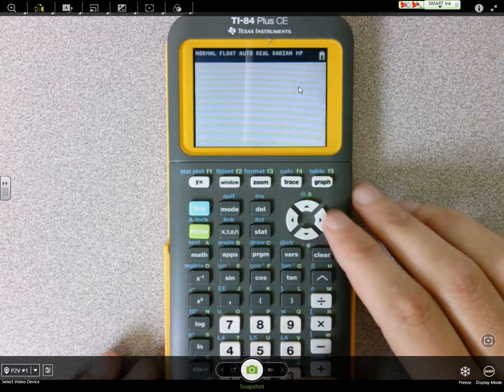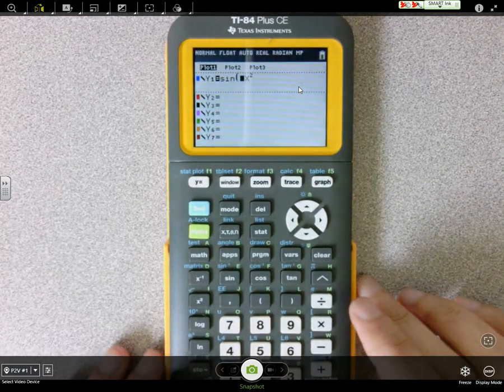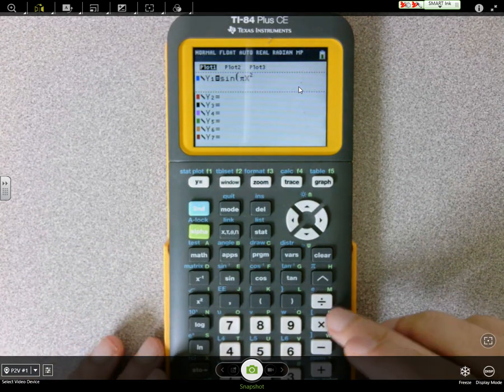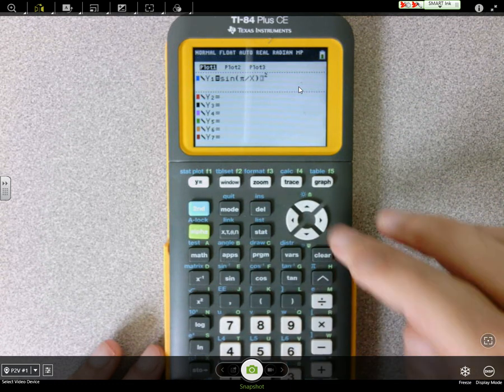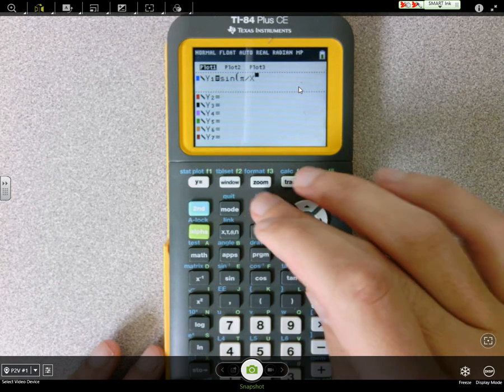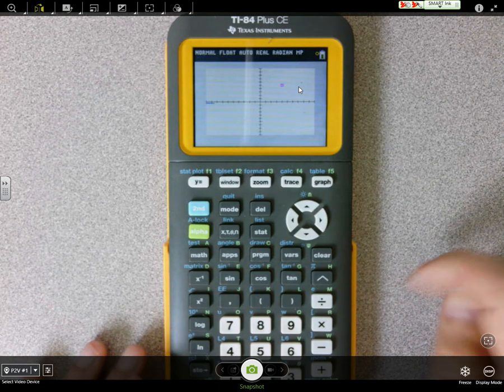That would have been a disaster. But I am going to do sine, what was my problem? Sine of pi over x. Close parentheses, delete. Always works best if you hit clear before you do anything. I think this is it. So I'm going to hit graph on it.